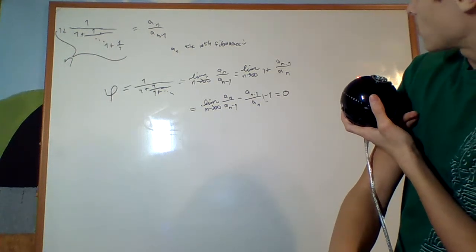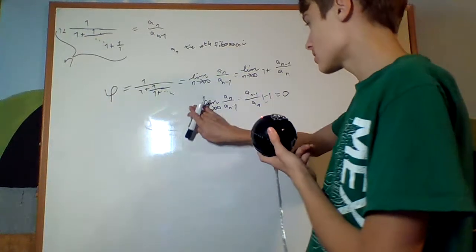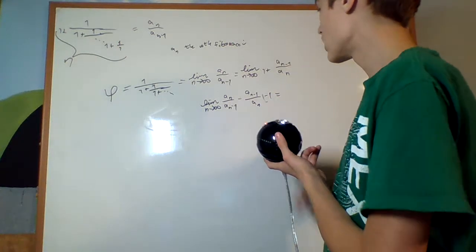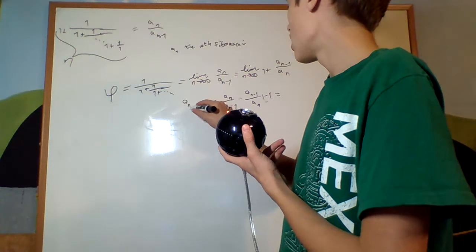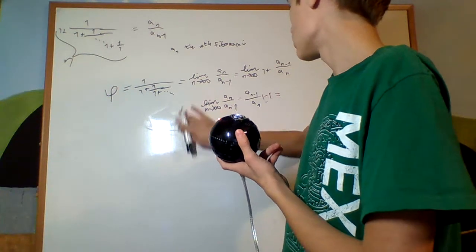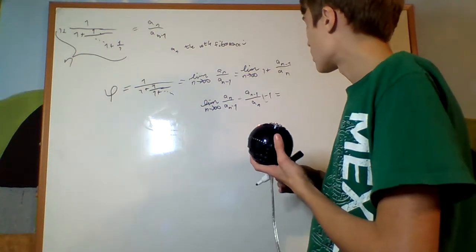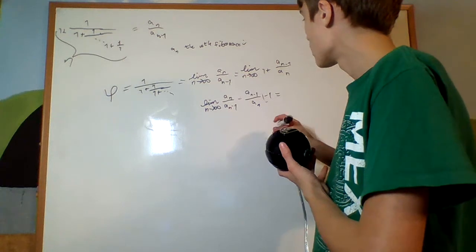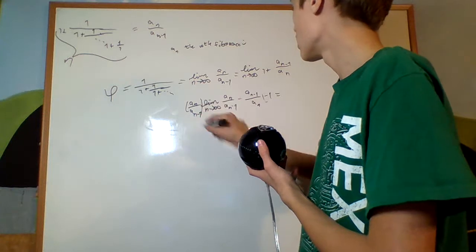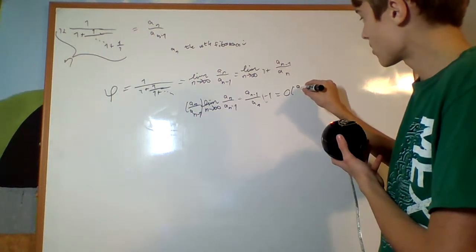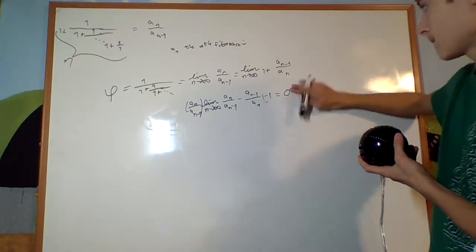And then what you could do from there is multiply both sides of this equation by an over an minus 1, okay? So that's going to be 0 times an over an minus 1, okay? Oh, but 0 times anything is 0.